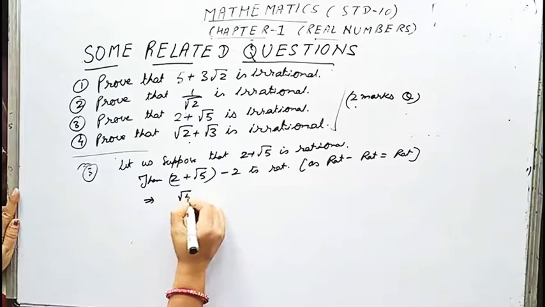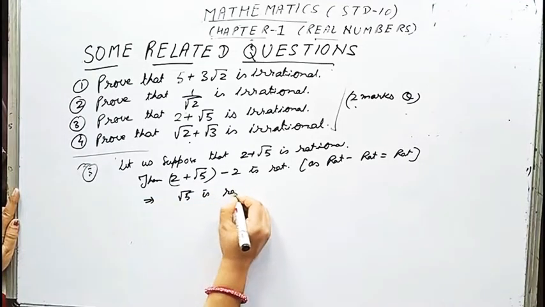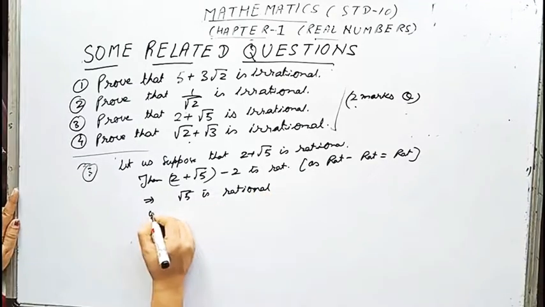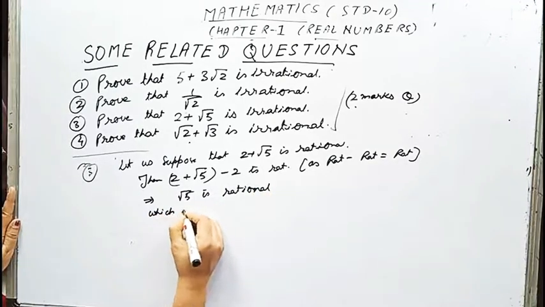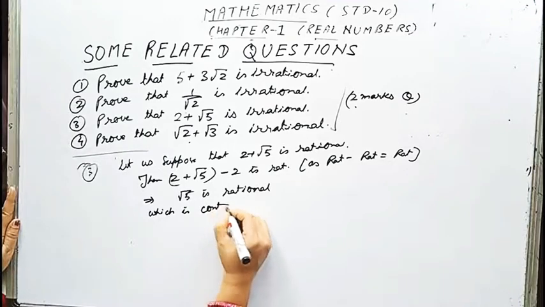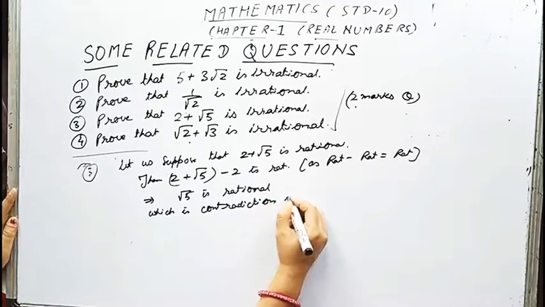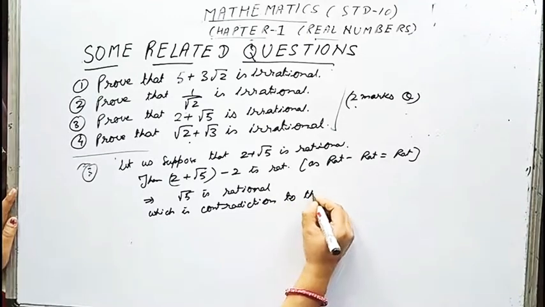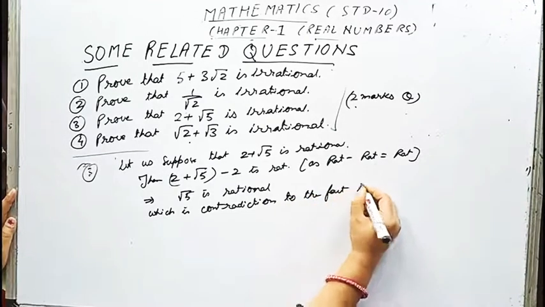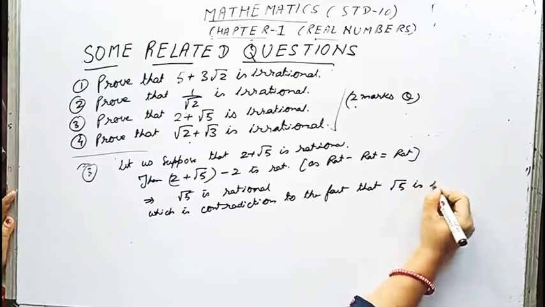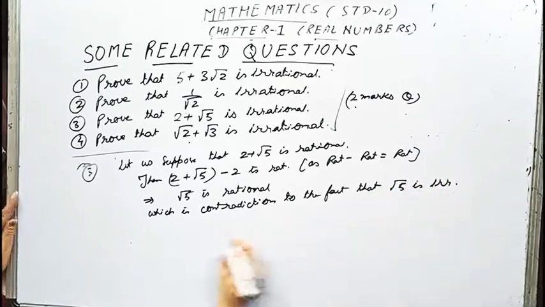This implies root 5 is rational, which is a contradiction to the fact that root 5 is irrational.